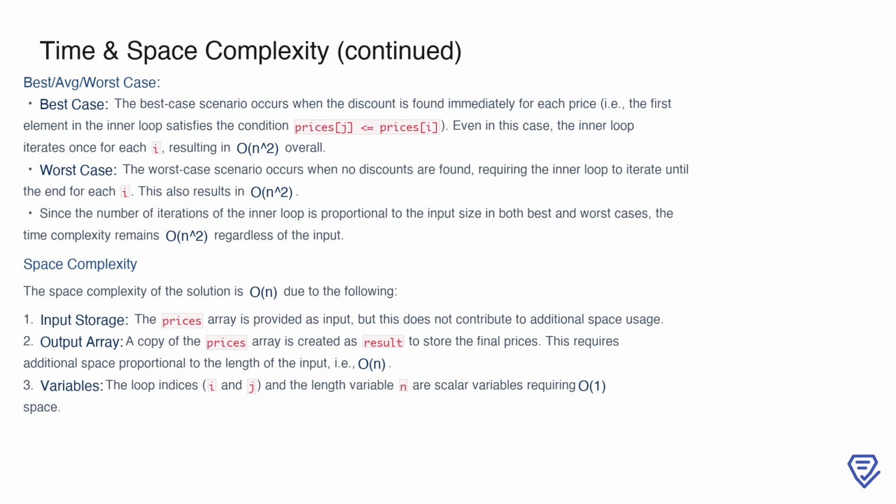Now, for space complexity, the solution requires O(n). This comes primarily from the result array, which is a copy of the input array prices and is used to store the final discounted prices. Additionally, scalar variables like the loop indices and the length of the array contribute only O(1) to the space usage. Thus, the overall space complexity of the solution is O(n).